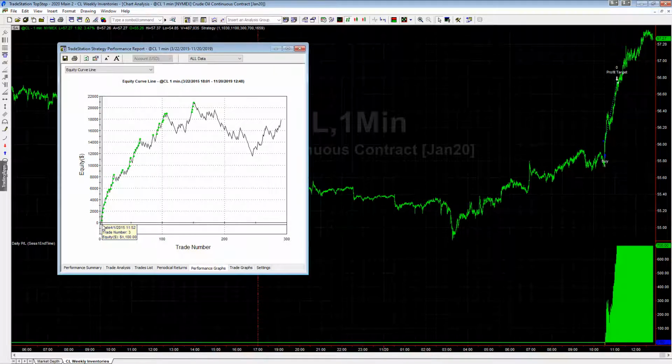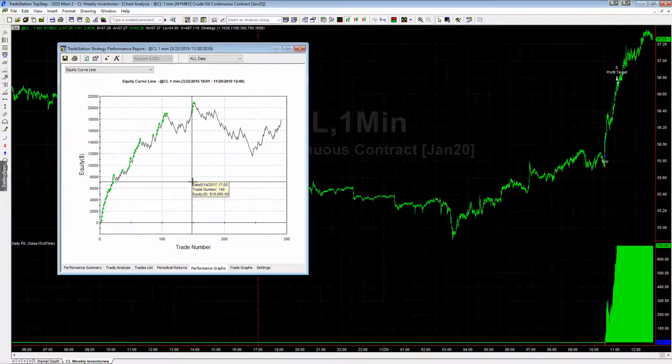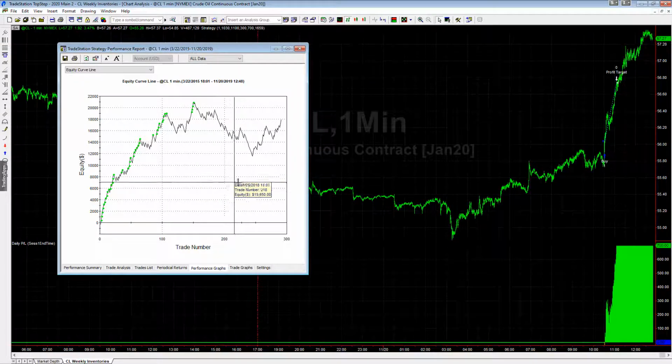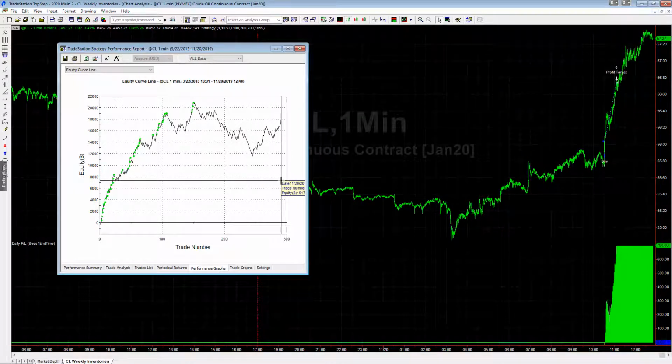This is not a strategy that worked well before 2015, and in this time period where it performed poorly, there was a lot of chop around weekly inventories. It would just go up and down. In this time period, a fast move after the report would initiate a trend, and then during this time period, you'd see just a bunch of chop. And now we're starting to see trends again around the inventories report.